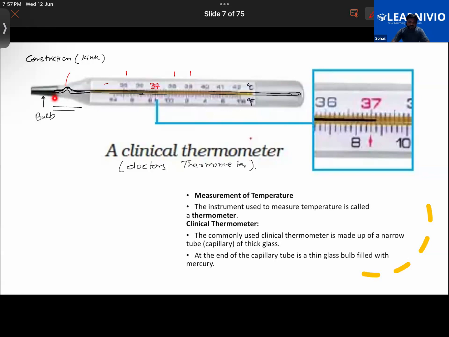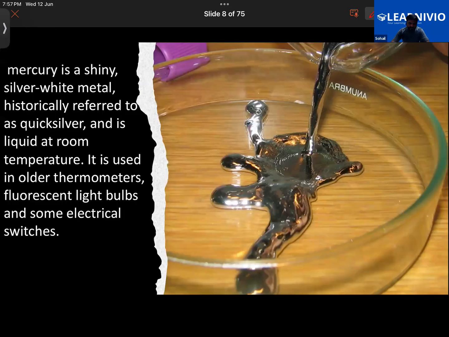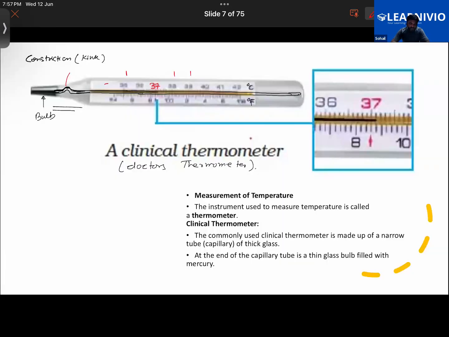It's the property of mercury that whenever it is heated, it will expand. This mercury that you see over here in the whitish silver color will expand whenever it comes in contact with heat. So it is filled into this bulb, and whenever it is put into the mouth of the patient or in the underarm, due to heat the mercury will start to expand into this capillary, into this thin tube.